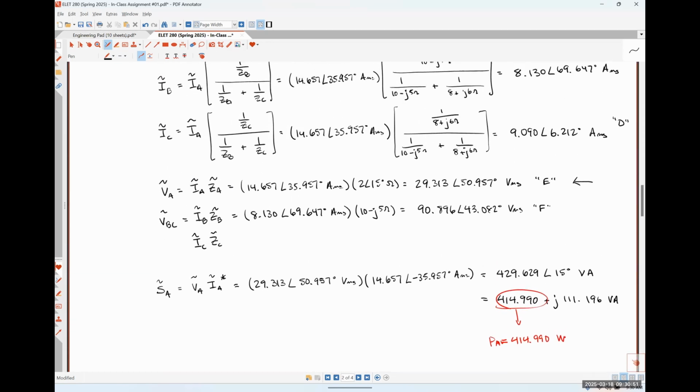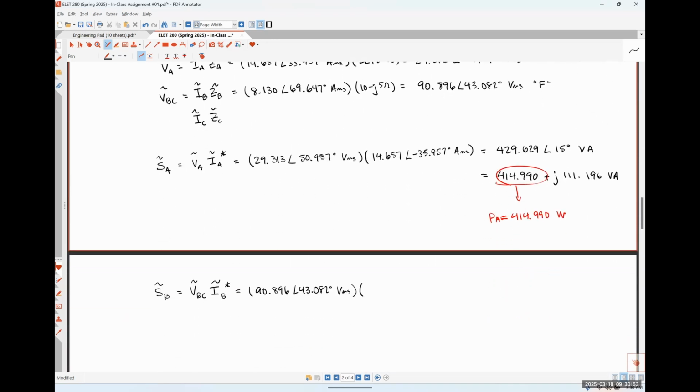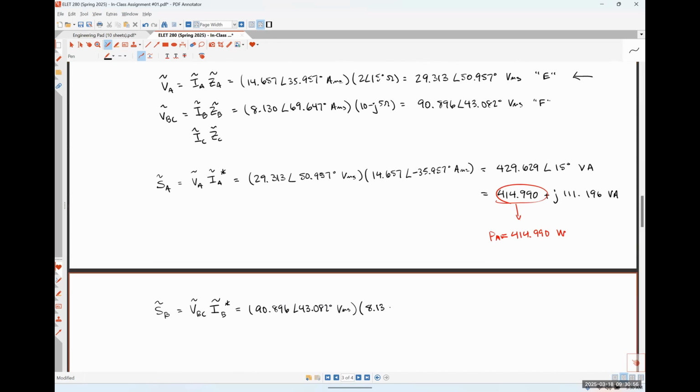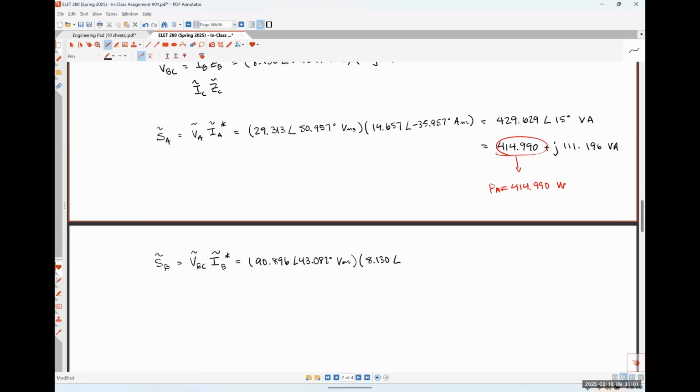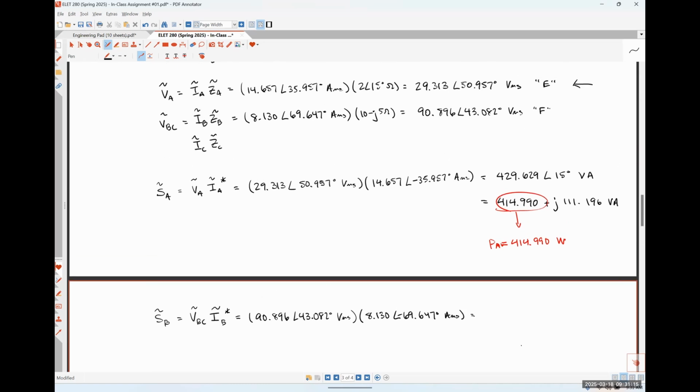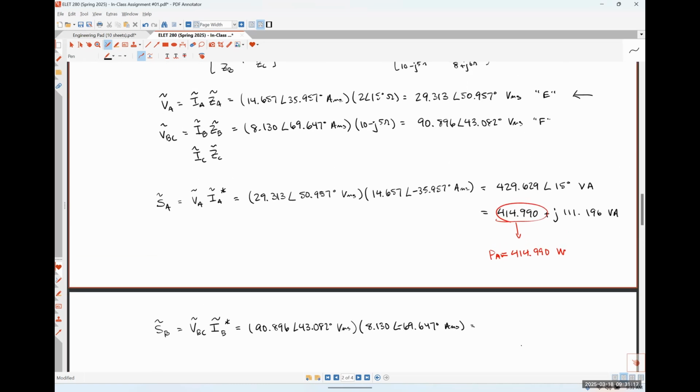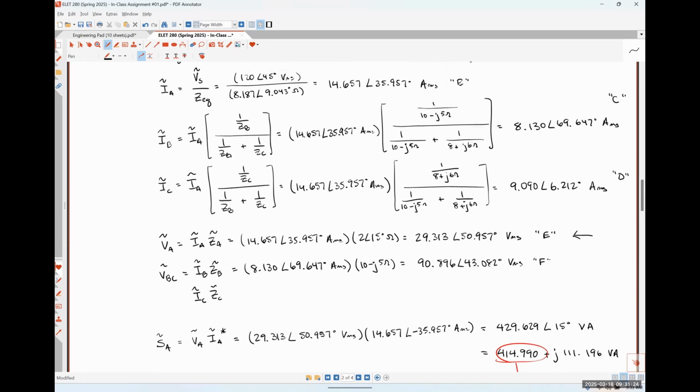IB was 8.130 with an angle of 69.647 degrees, amps RMS, and we need to conjugate that, so that's where that negative sign in front of the angle is coming from. And I'm going to throw this into my calculator. So for what it's worth, I have VBC stored as F. So I'll do alpha F times the conjugate of alpha C.